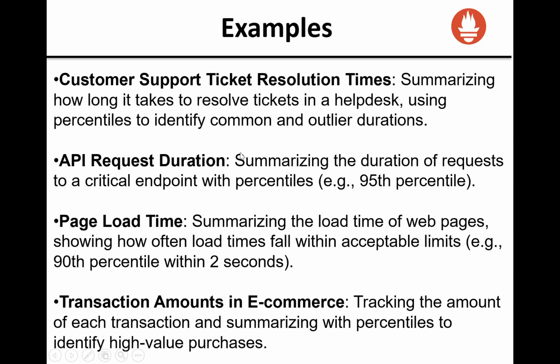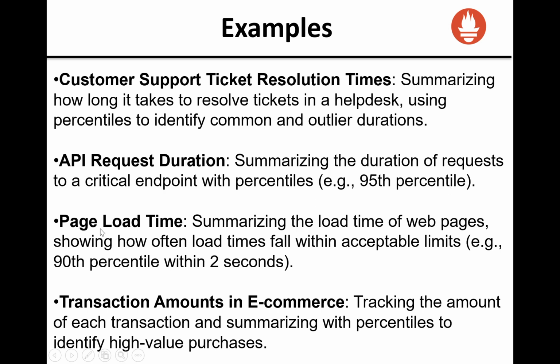The examples for the summary: the first example is customer support ticket resolution times. In this, summarizing how long it takes to resolve tickets in a help desk, using percentiles to identify common and outlier durations. The second example is API request duration. In this, summarizing the duration of requests to a critical endpoint with percentiles, for example, 95th percentile.